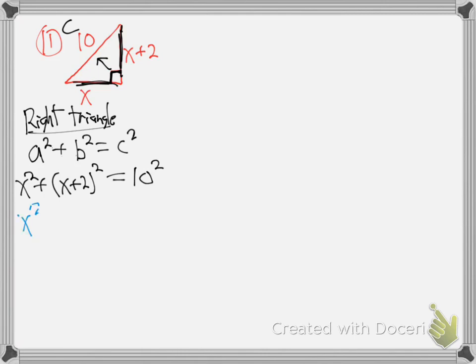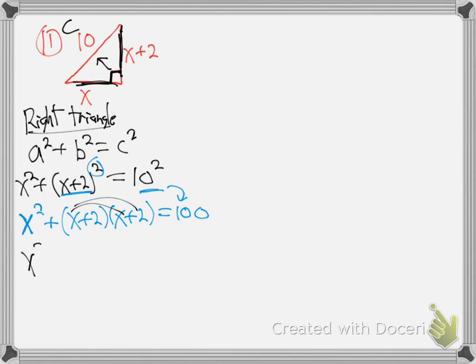Let's do this. So x squared plus, now (x plus 2) squared is (x plus 2)(x plus 2), right? Whenever there's a 2 on a parenthesis, you have to write two of those parentheses. The other side, 10 squared, is 100. So I'm going to need to FOIL this side out.